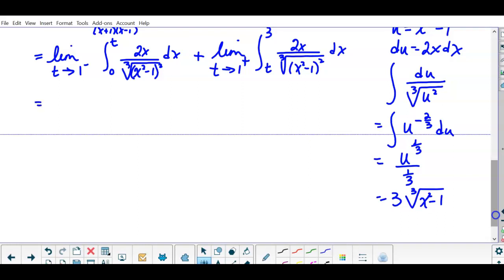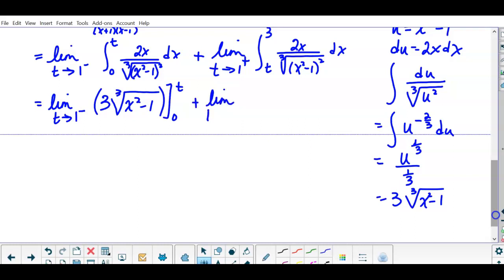So this is limit t approaches 1 from the left of 3 cube root of x squared minus 1 from 0 to t, plus limit t approaches 1 from the right of 3 cube root of x squared minus 1 from t to 3.